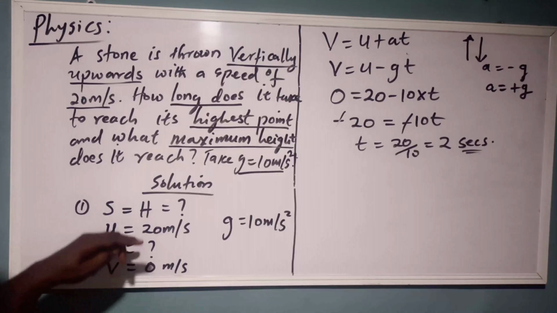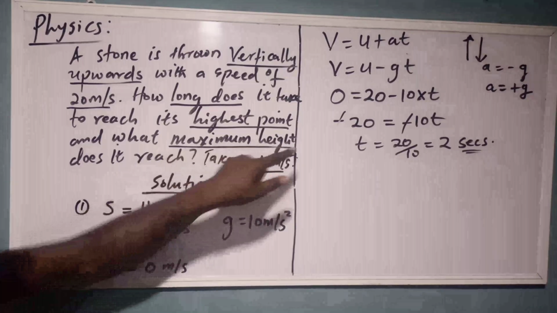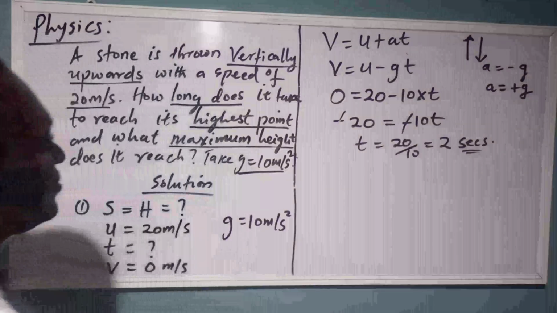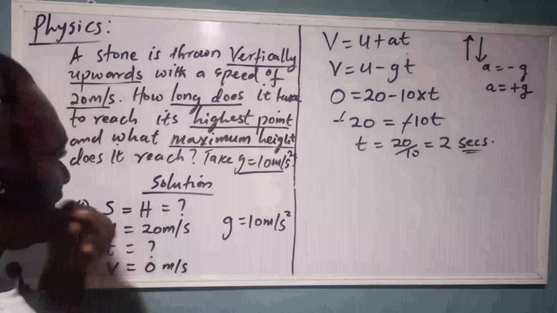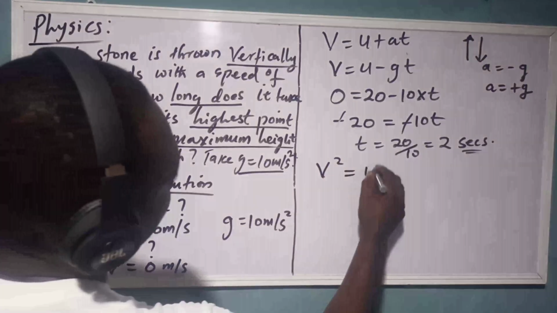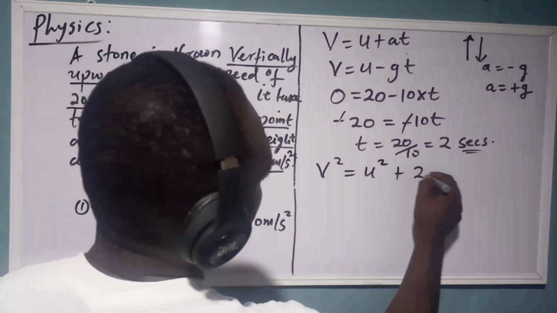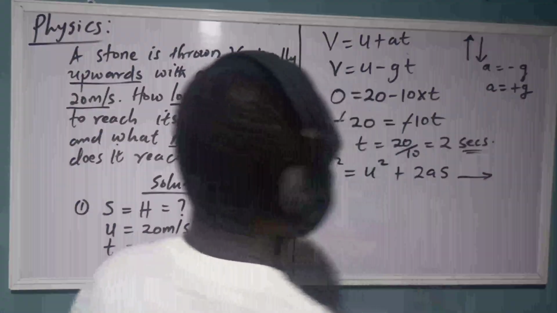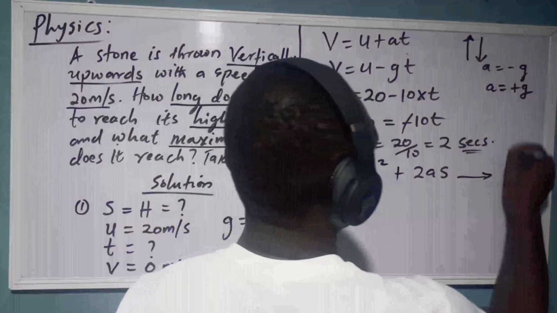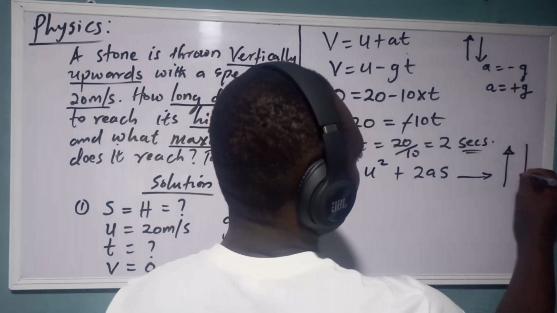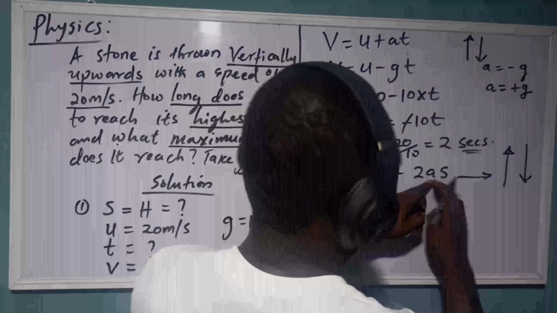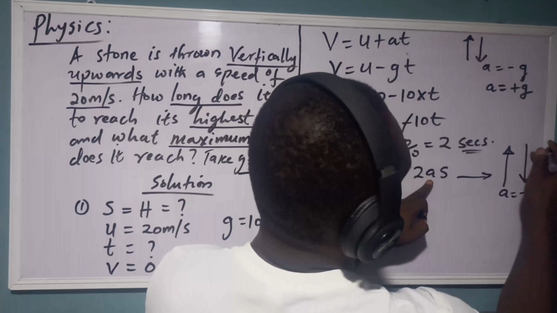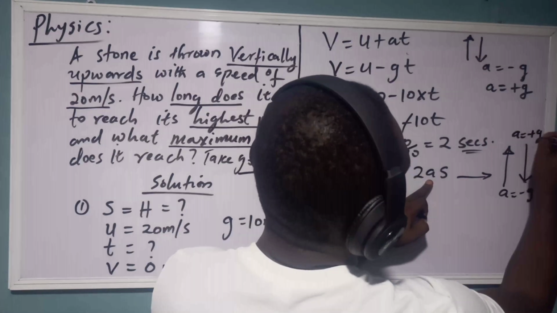Now the next question is for us to find the maximum height. At maximum height, we can use another equation of motion, the one that says v squared = u squared + 2as. Now, this is when the body is moving linearly. But when the body is thrown vertically upward or falling down from a height, then acceleration, as we have established, becomes minus g, or positive g.